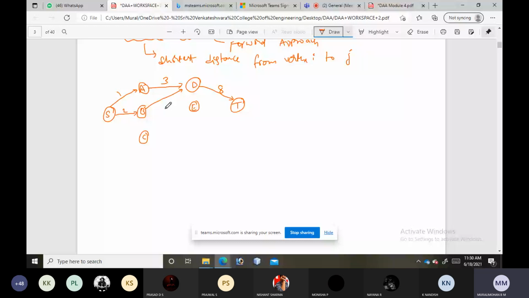with a cost of 10, E to T with a cost of 2, S to C 7, then C to E with 3, C to T with the 10.